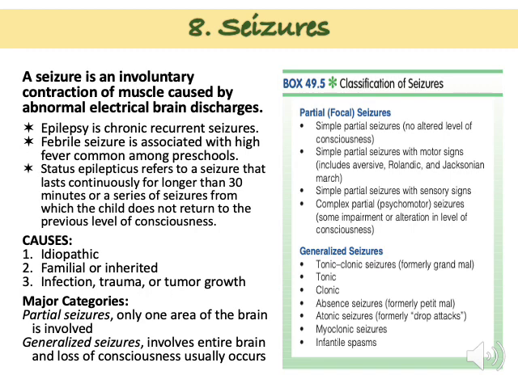Partial would involve only one area of the brain, while generalized seizures involves the entire brain and loss of consciousness usually occurs. Box 49.5 shows the classification of seizures, whether partial or generalized. Please review each one.